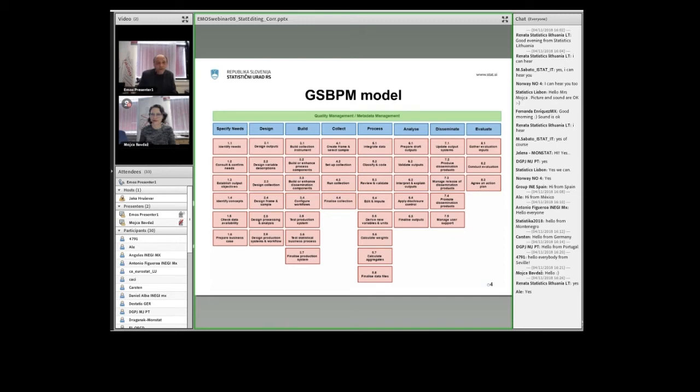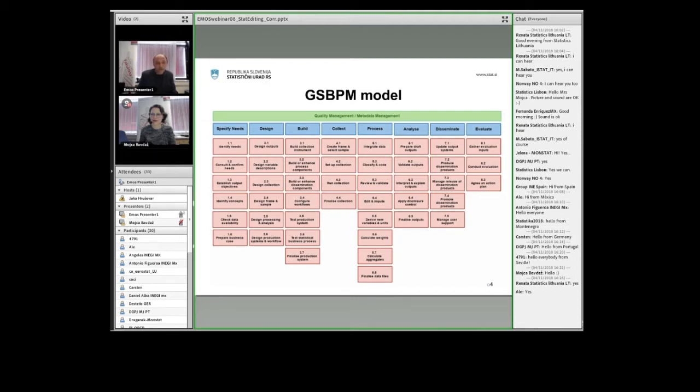And this is exactly where the GSBPM model is built on, trying to define the common parts of the implementation of the statistical survey. Now, of course, this is a general model, and it cannot fit every situation. That is also the reason why several countries already made an adjustment of this model and made their own model.